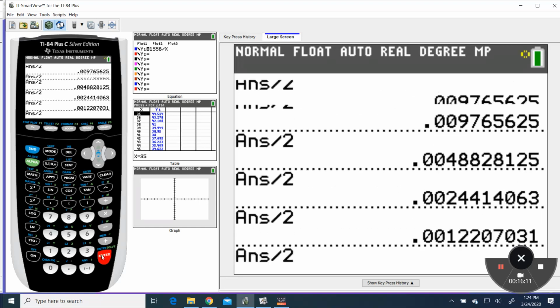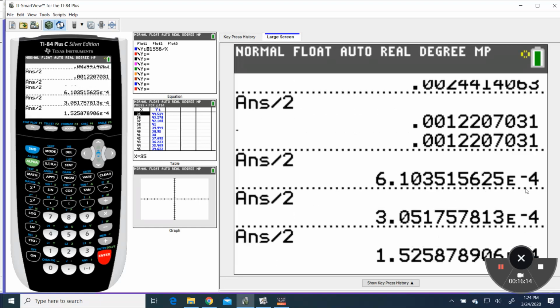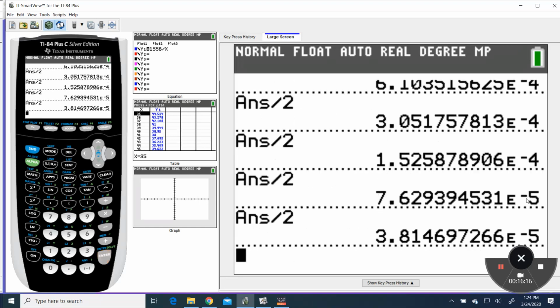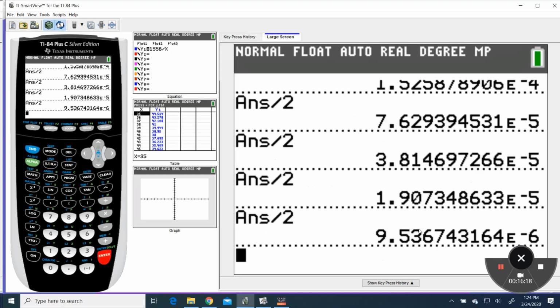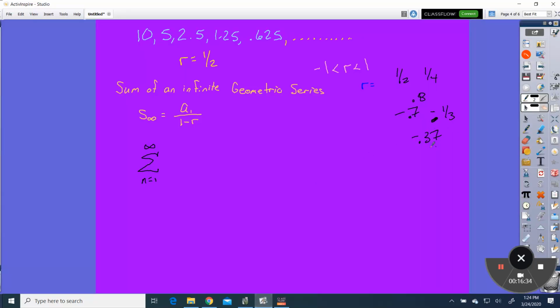The numbers get so small eventually that they start using this e to the -5 stuff. That means I'd move the decimal place 6 places over, so there'd be 5 zeros. So these numbers are getting super duper small. In fact, they get so small that it's like we add nothing onto it eventually. So it's infinite in that they keep going, but it's small enough that it makes no difference.